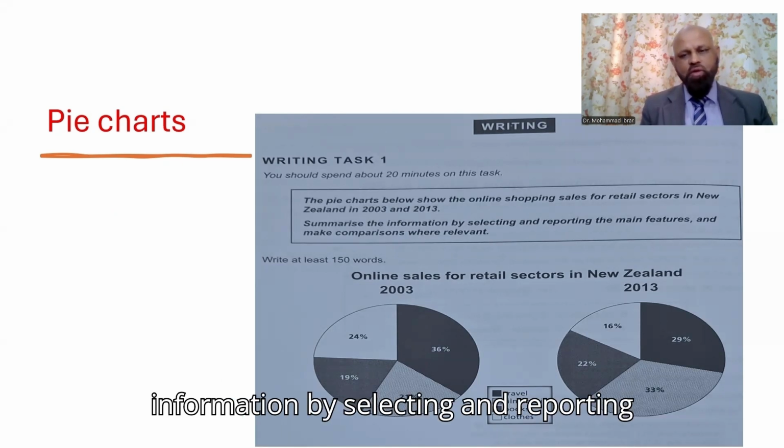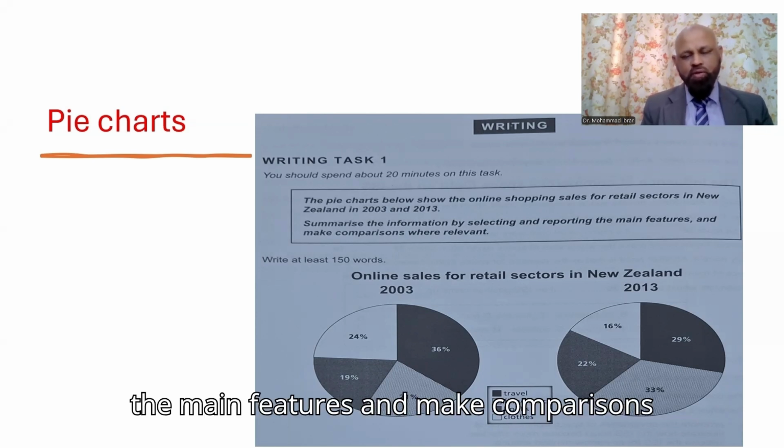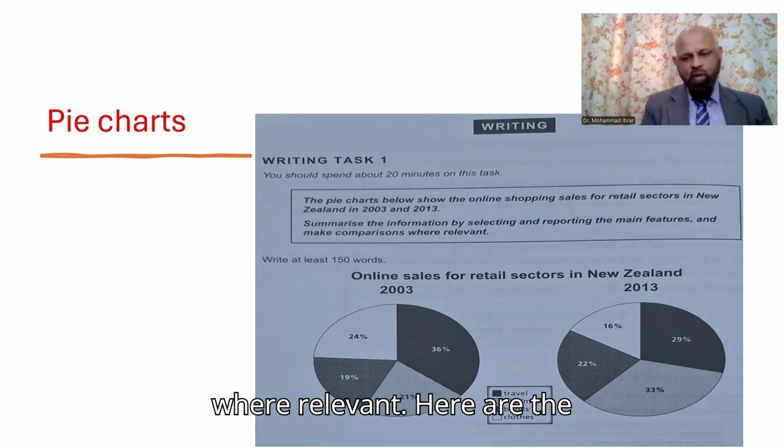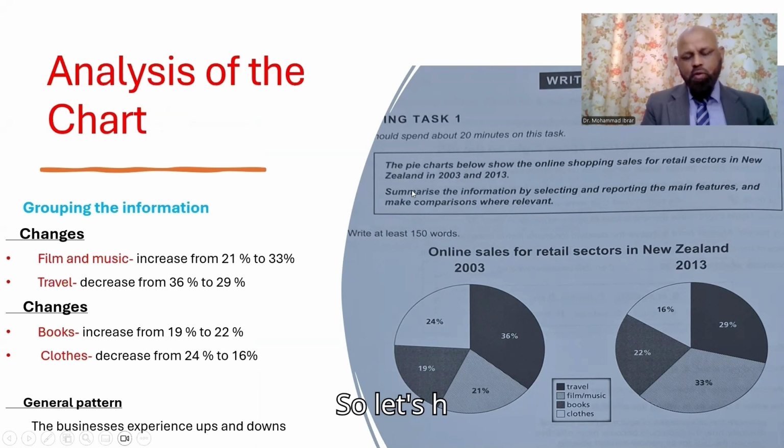Summarize the information by selecting and reporting the main features and make comparisons where relevant. And here are the 2 pie charts representing different retail businesses.